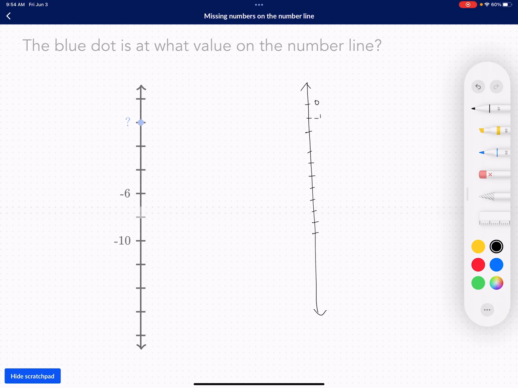So 0, -1, -2, -3, -4, -5, -6, -7, -8, -9, and -10. Like I said, what you want to do is always start by drawing out a number line, and that's really, really helpful.